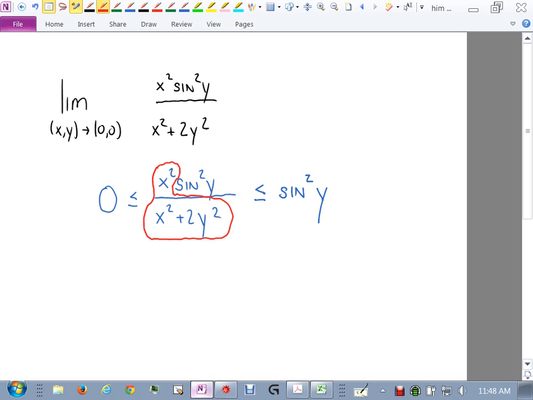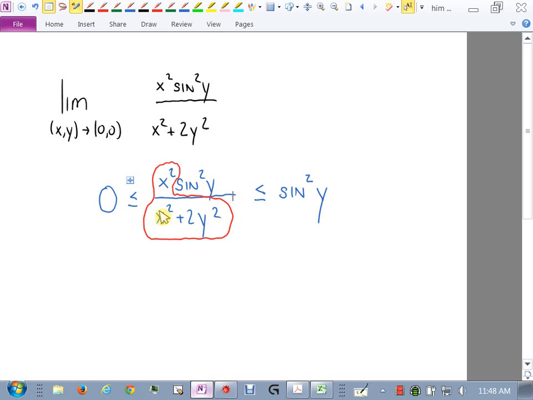Look at this right here. This part is smaller than that. If you look at the sine squared y by itself, the stuff in front of it, all this stuff in red, has to be smaller than 1, because there's a 1 sitting in front of the sine squared y. If you believe that this red stuff is less than 1, then this is true. Now, is it less than 1?